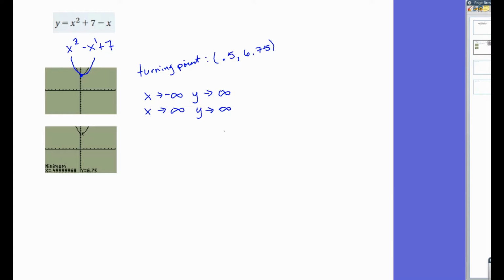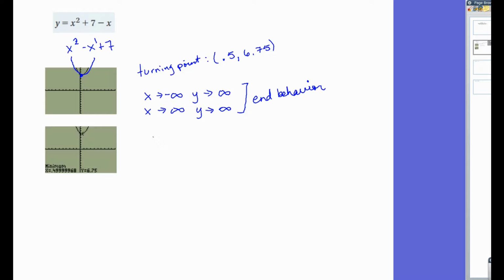If it was down, I'd go negative infinity. So this part right here, those things are going to be the same. But we're always focusing on the y values. That's what we worry about. So that's the turning point. This right here, that's end behavior.